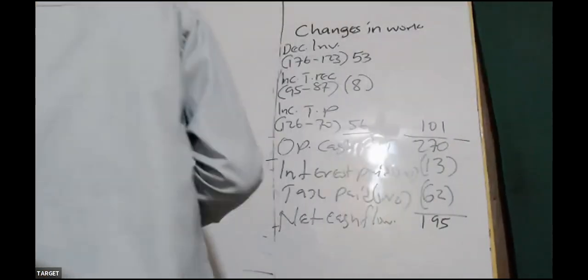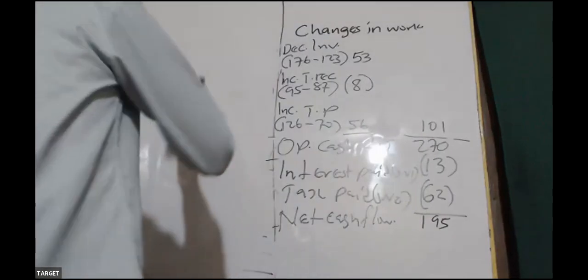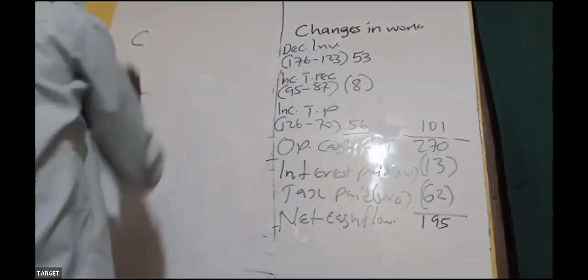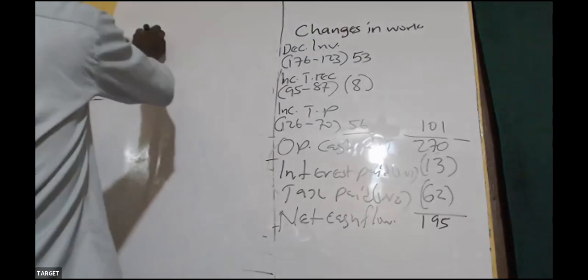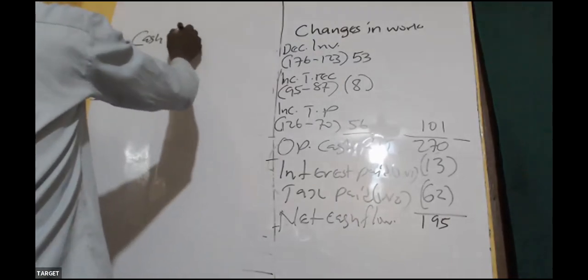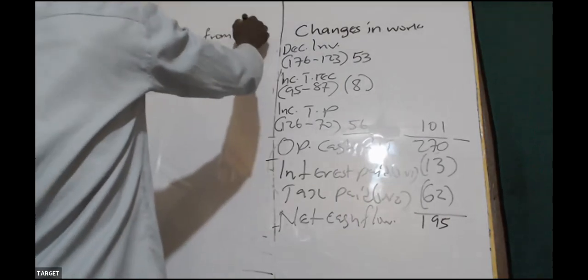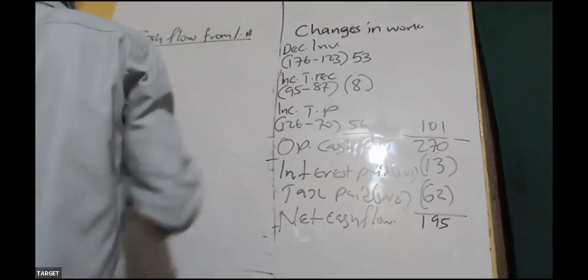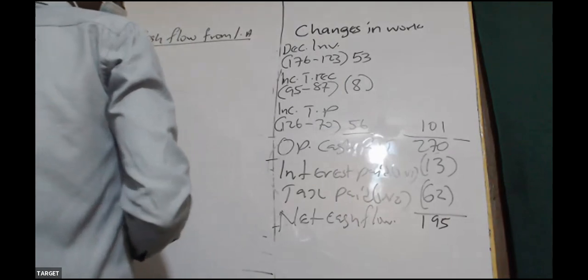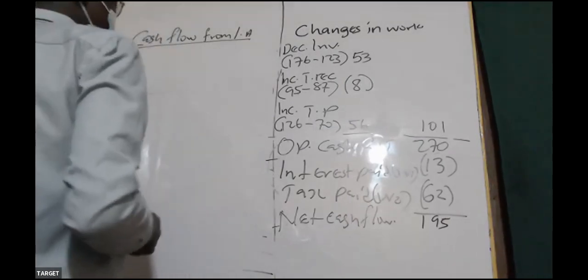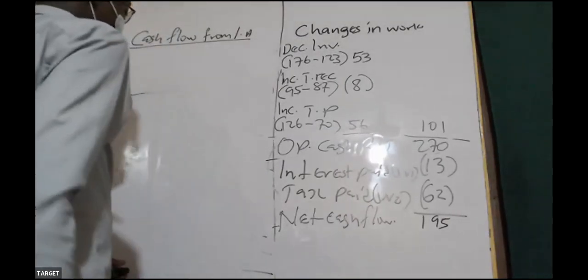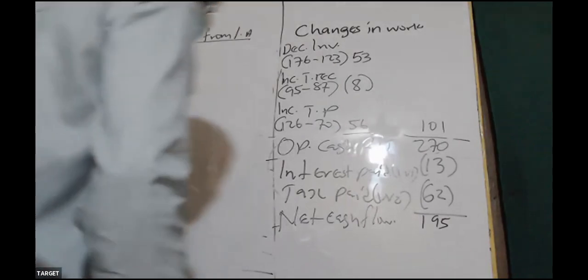So cash flow from investment activity, cash flow from IA. First thing, let's check whether there is a disposal and the investment income.